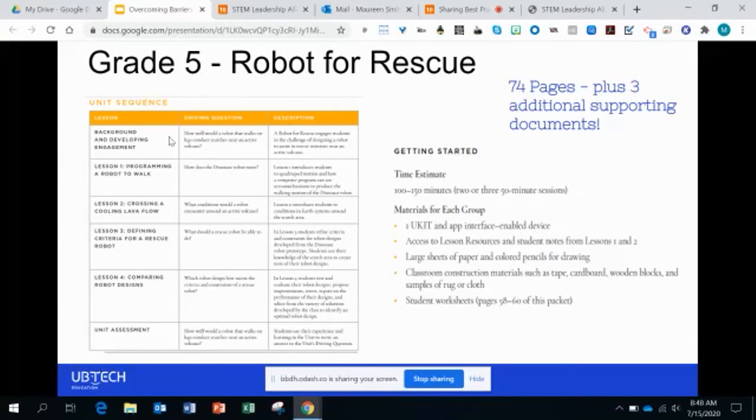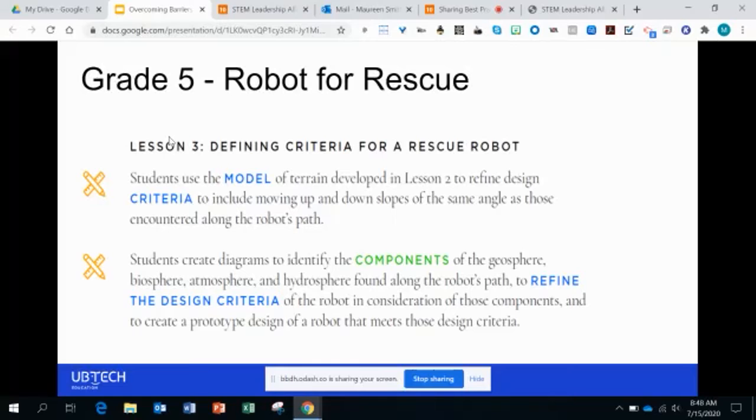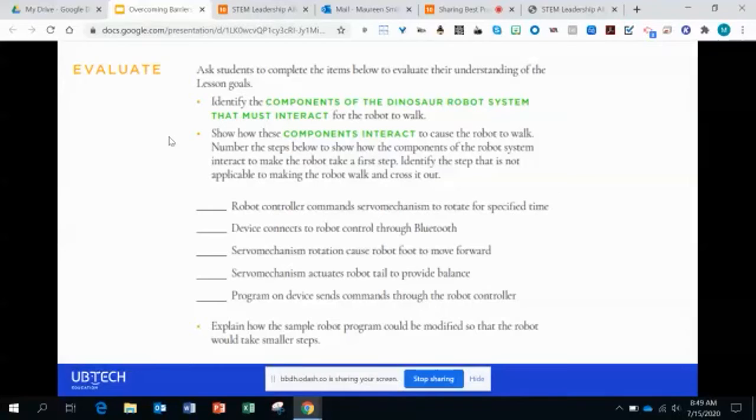Our teachers need time to break that down, and they need to break it down with support through the curriculum. Every lesson has a specific outcome and learning target for kids that will walk students through them. Again, it is tied to the Next Generation Science Standards, and they've done a really nice job of highlighting where the connections are.